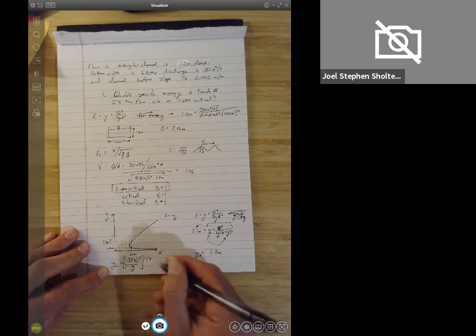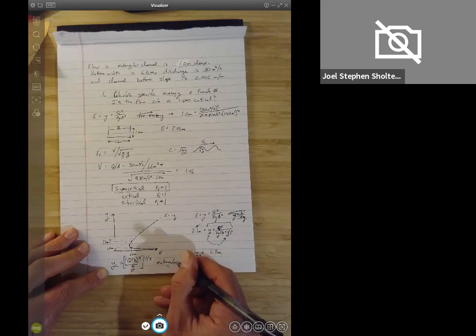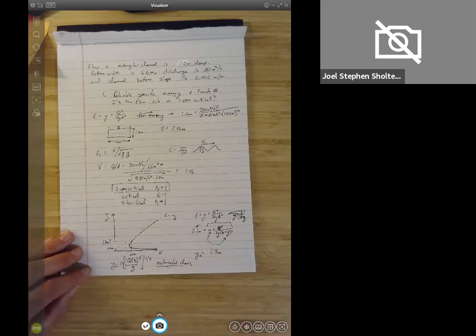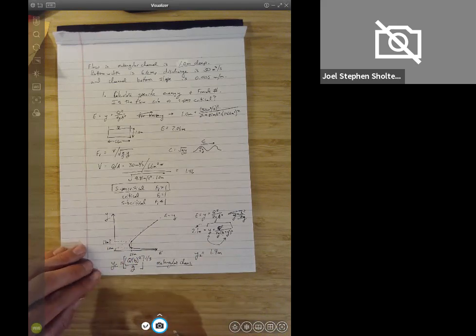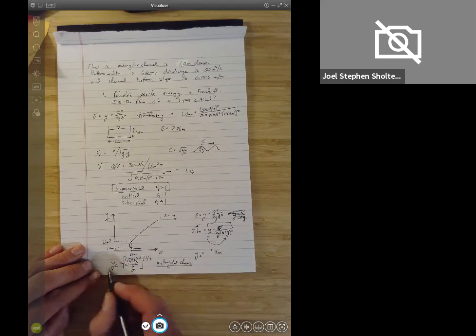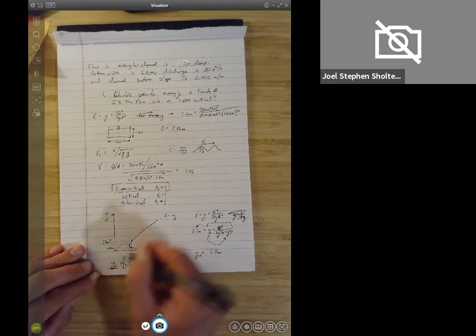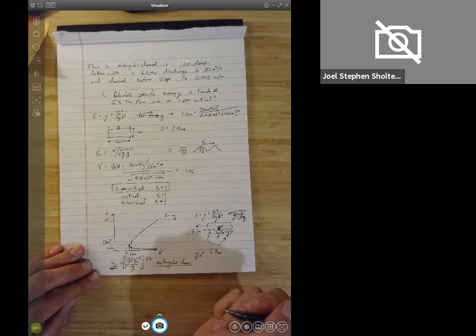And this is for rectangular channels. So we could calculate our critical depth that way, plug in the bottom width, the discharge, gravity, and we get our critical depth. And that's what this value would be right here, where we have our minimum specific energy.